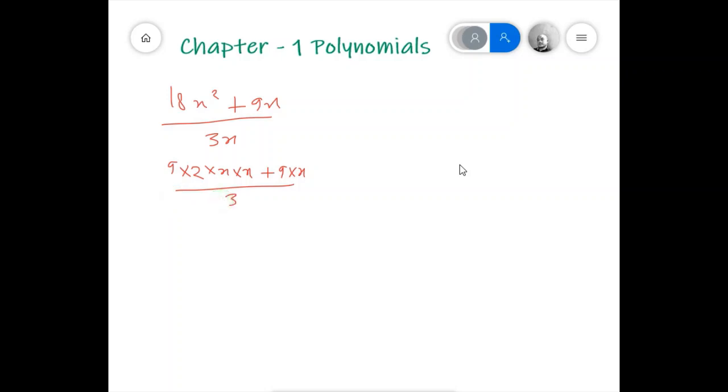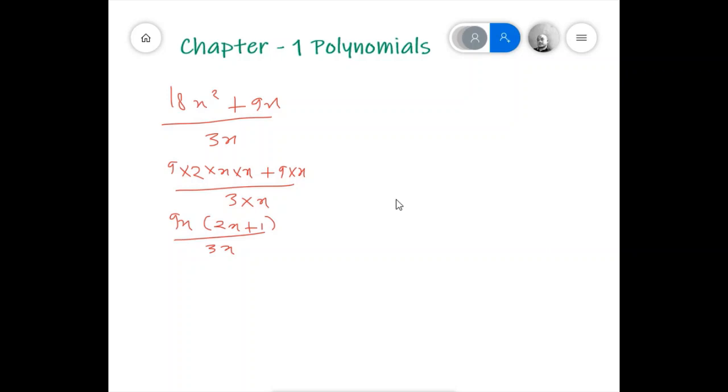So what is common in this? You can see 9 and the second term also has 9, but there is no 2 in it, while x is there. Therefore we can take out 9x as common, and what remains inside is 2x plus 1, whole upon 3x, which is 3 into x.